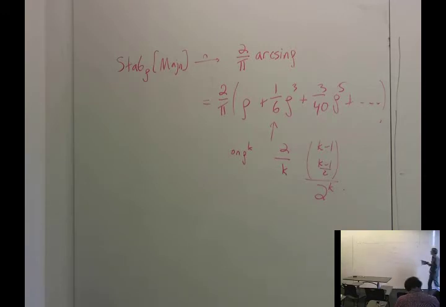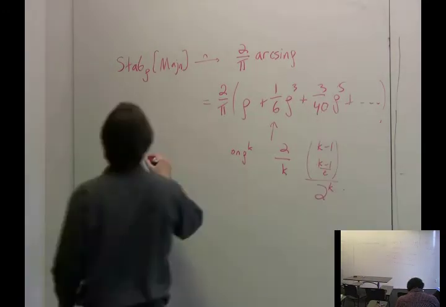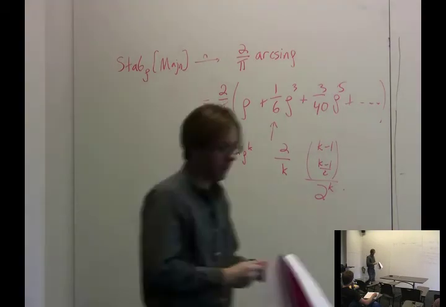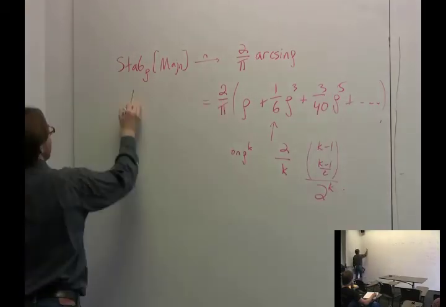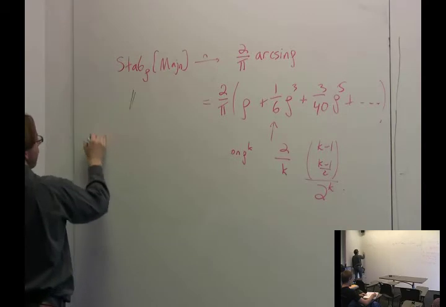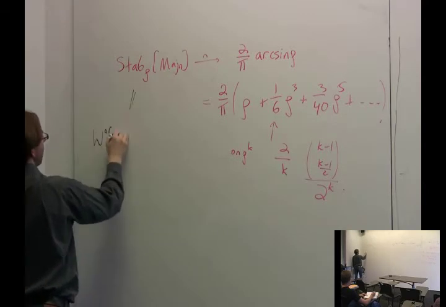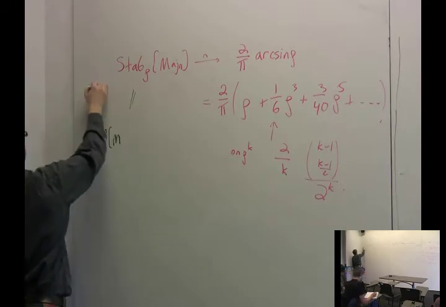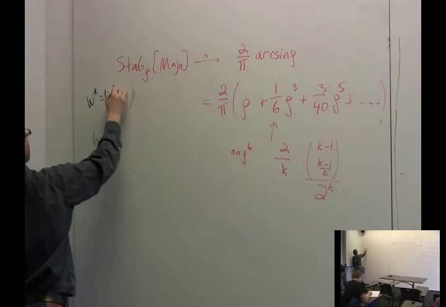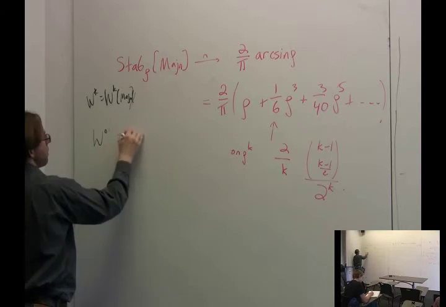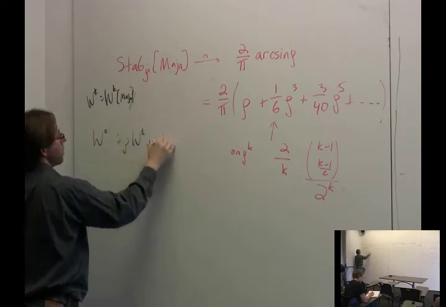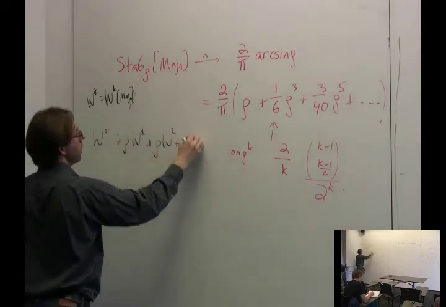Great. On the other hand, we know the Fourier formula for this. It's the weight at level 0 of majority. Let me just write W_k for the weight at level k of majority. So it's the weight at level 0, plus rho times the weight at level 1, plus rho squared times the weight at level 2, plus rho cubed times the weight at level 3, plus dot, dot, dot.